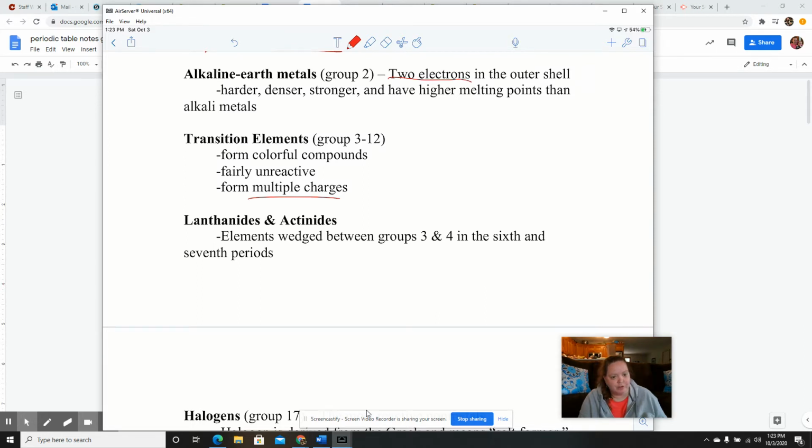So that's unique to them. The lanthanides and actinides are the bottom 2 pull-out rows, the ones we pull out so that we fit on an 8.5 by 11 sheet of paper. Those are called the lanthanides and actinides.